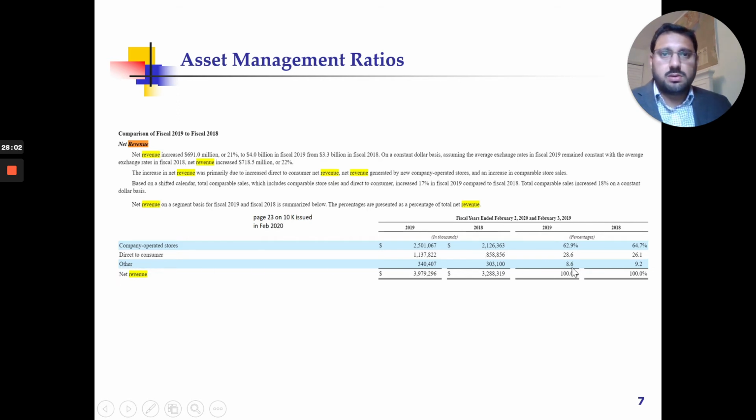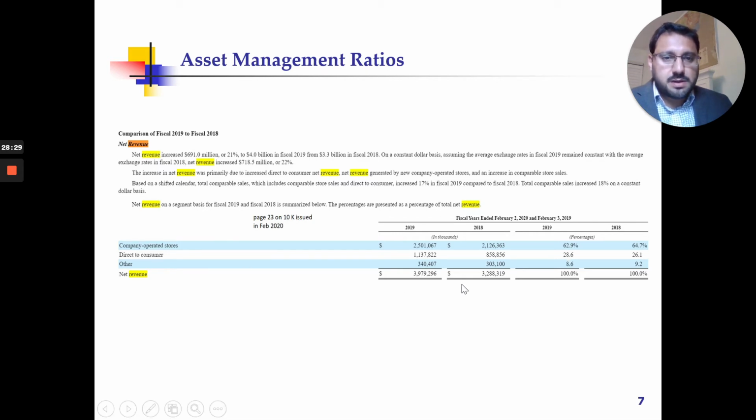So there are no direct net credit sales given. So I'm proxying that these others are actually the credit sales, which are usually sold to the warehouses and the other businesses. So usually those are on credit terms, and this is mentioned by Lululemon in its 10K.